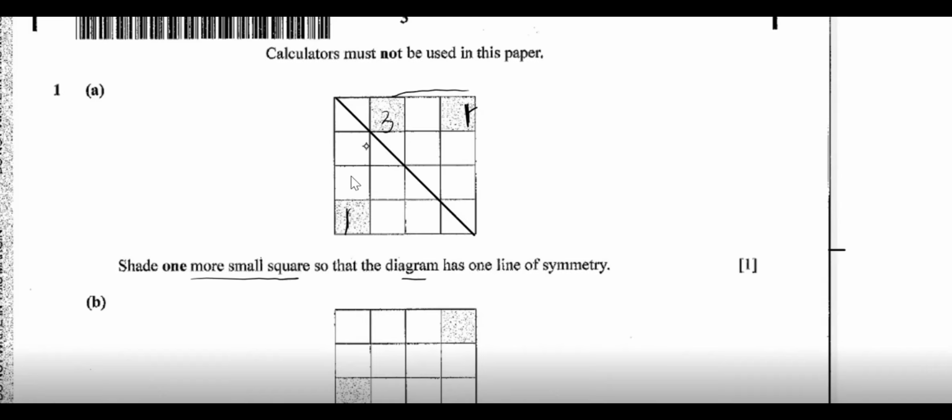To make the left side and right side identical according to this line of symmetry, we have to shade this square. This is the third square. When we shade it, the right and left sides become identical according to this line of symmetry. Therefore, this is the square we have to shade.